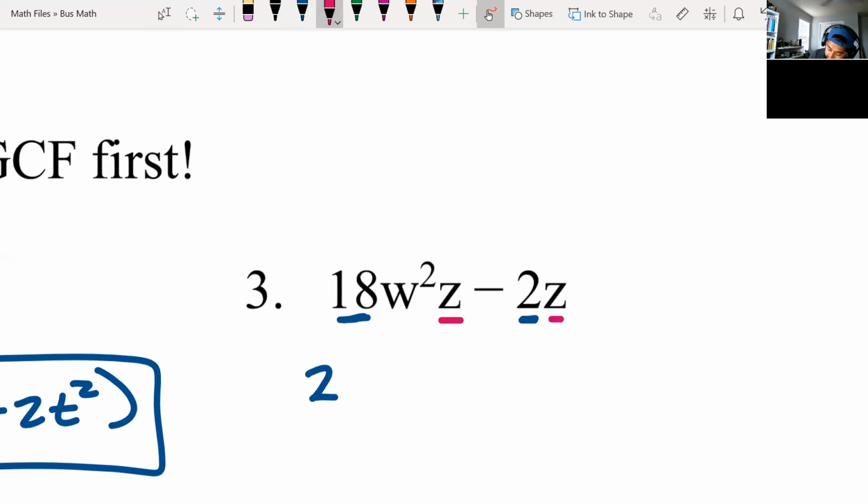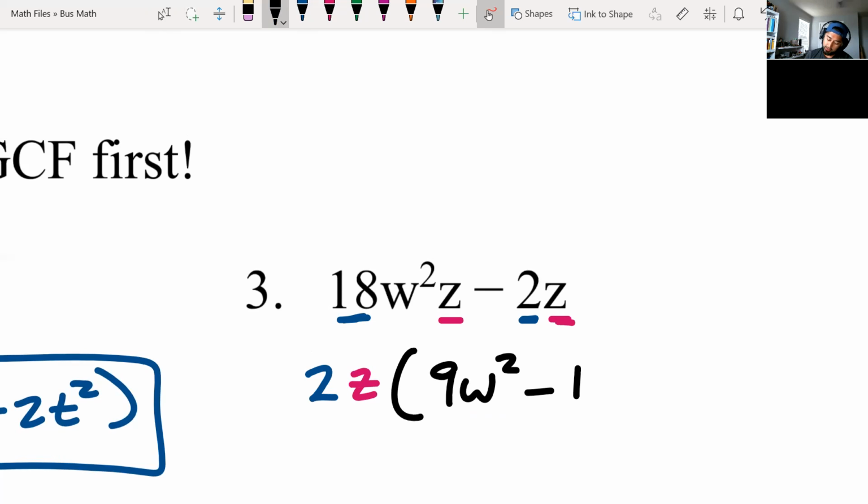Z. And if I factor out a 2z, what does that leave me with? 9w squared minus 1. There you go.